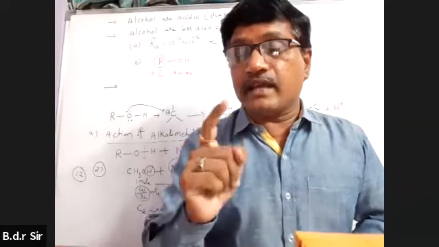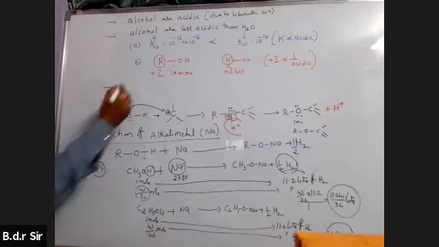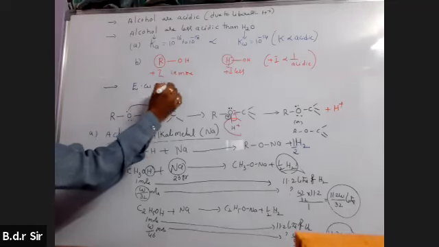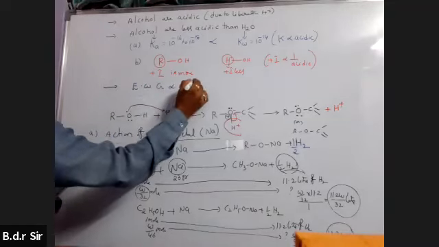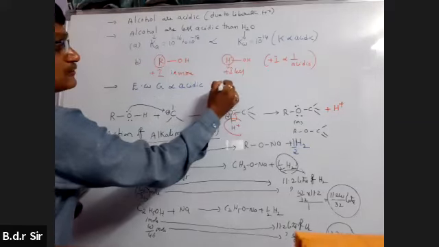One of the questions is: an electron withdrawing group is directly proportional to the acidic nature of alcohol.